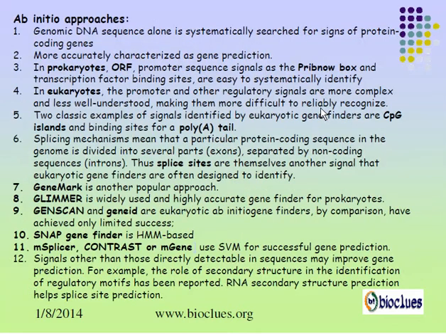So the next one is the ab initio approach. We can also call it the intrinsic approach. This is a more systematic approach, and it uses the patterns and conserved sequences of a biomolecule.